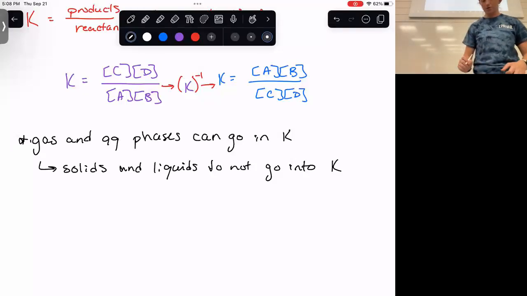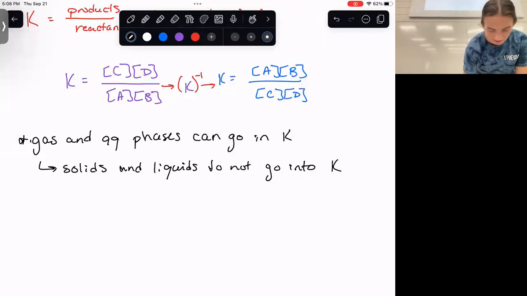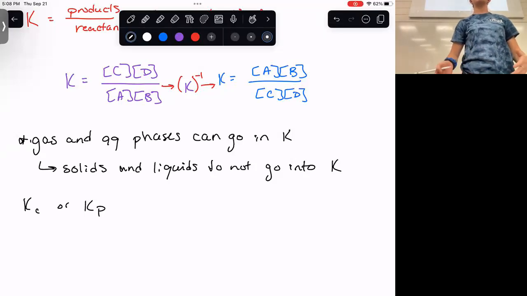If we talk about just regular K in general, there can be KEQ, which is just equilibrium. That can be broken up into a plethora of things. We could talk about KC or KP. Most of the time, your KC is what you're going to be working in.